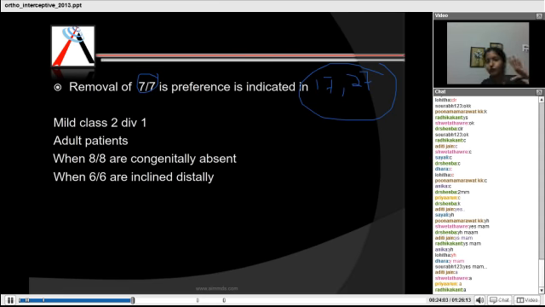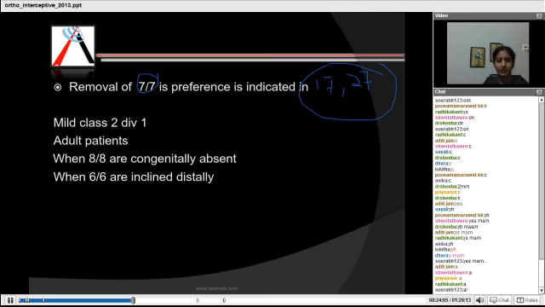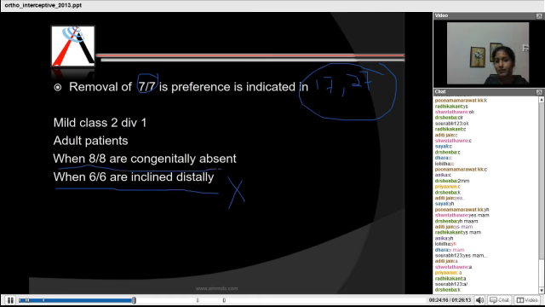Yes, see, even if you go by eliminating, when 6-6 are inclined distally, you won't remove 7-7, right? 6-6 will move more distally. So this is wrong. When 8-8 are congenitally absent, why are you extracting 7-7?